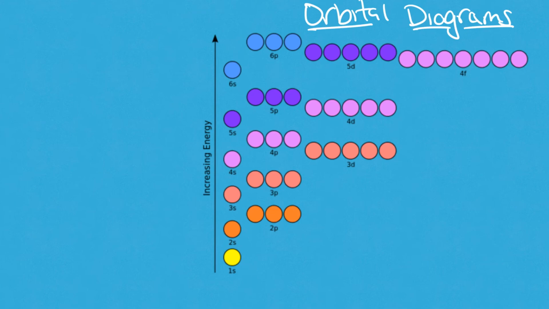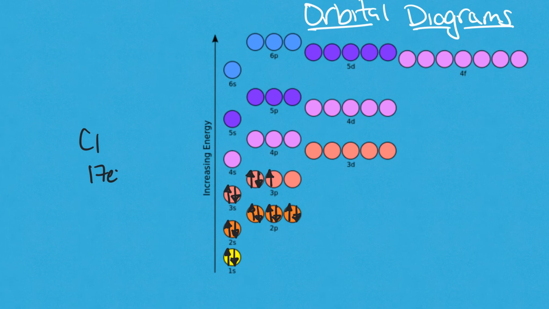Let's do chlorine. I like chlorine. So chlorine, we look at the periodic table, and we see chlorine has 17 electrons. So we have 1, 2, 3, 4, 5, 6, 7, 8, 9, 10, 11, 12, 13, 14, 15.